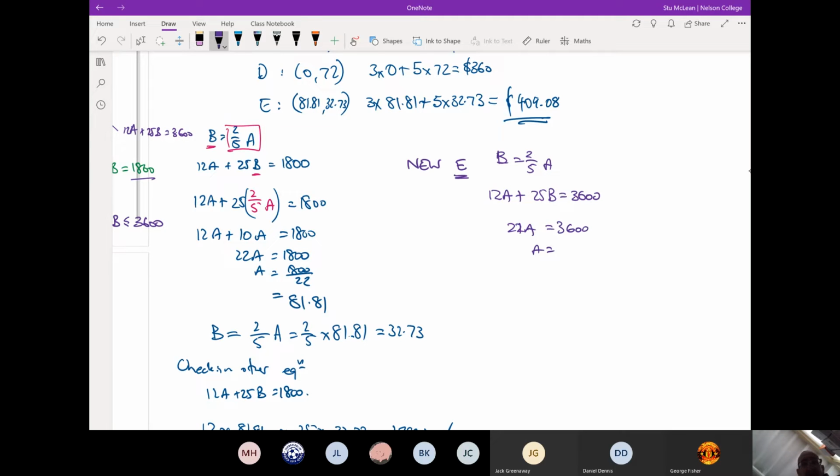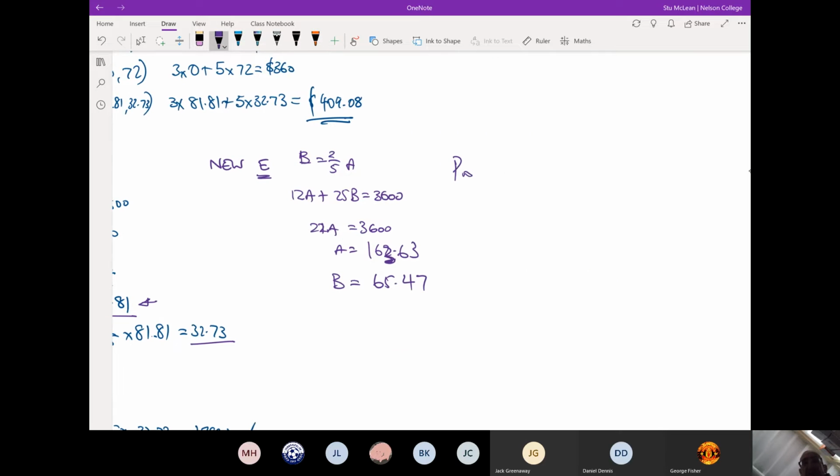So A, instead of being 81.81, is going to be 163.63, just doubling that. And B will also be doubled. So instead of being 32.73, it'll now be 65.47, something like that.